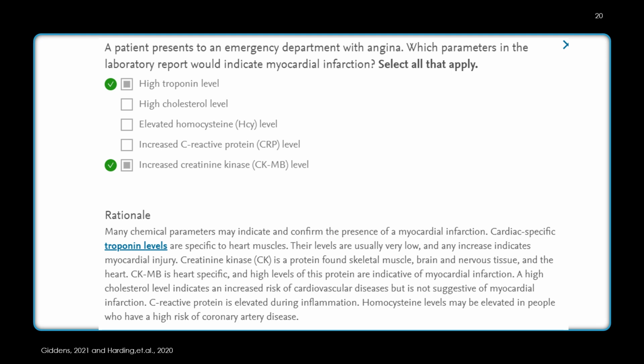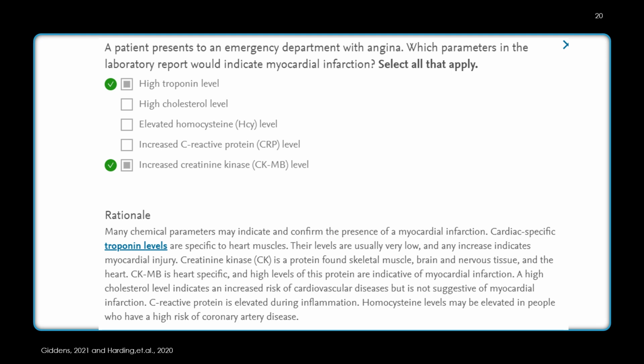So hopefully you were able to come up with troponin and the CKMB, all right? Again, CKMB is going to be very specific to the heart. Troponin levels, if they're even slightly elevated, very specific to the heart. So those are the ones that could be very indicative of a myocardial infarction, a heart attack.